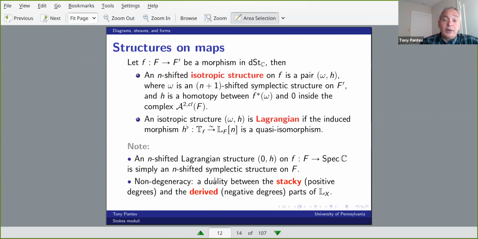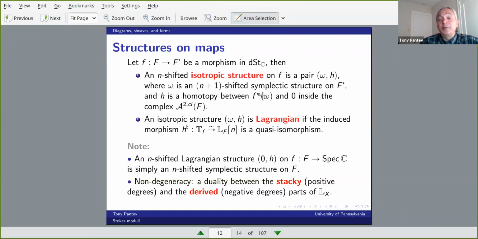You can also talk about isotropic and Lagrangian structures. So if you have a map of derived stacks, an isotropic structure on such a map is a shifted symplectic structure on the target, and then a co-boundary between the pullback of that symplectic structure and zero, or a homotopy between the pullback and zero. So a co-boundary that bounds that cocycle.